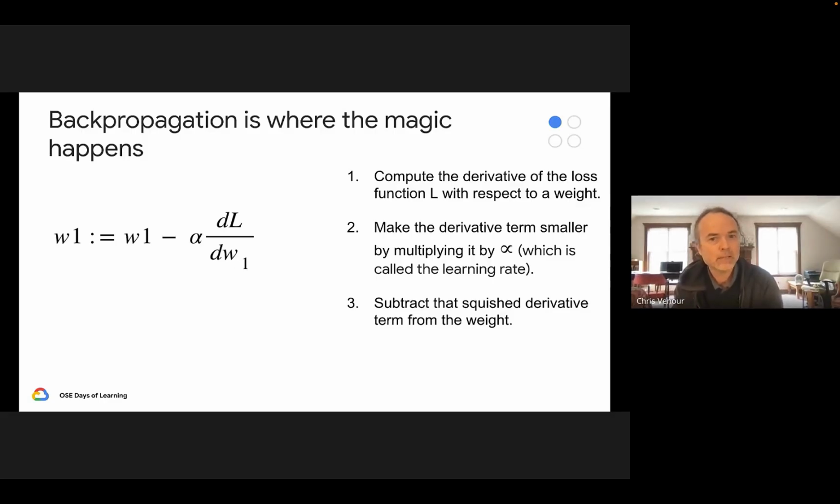It controls how big the update to W1 is going to be. This number is a constant that the programmer who's training the model defines. It's usually a number like 0.001 or something like that, a very small number, so that the weight is only adjusted a little bit.